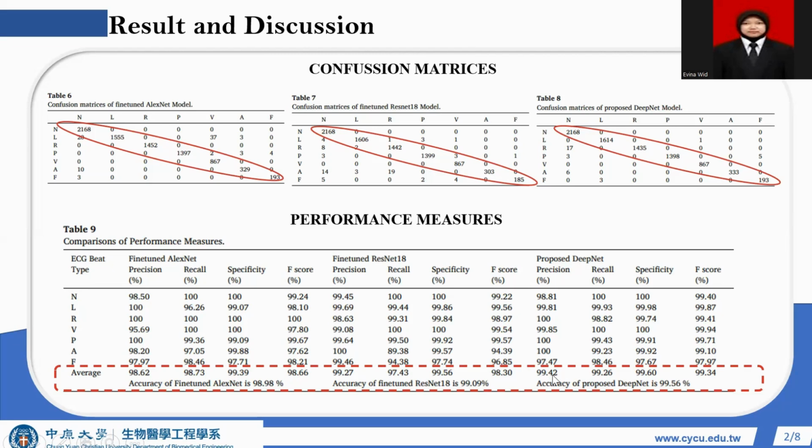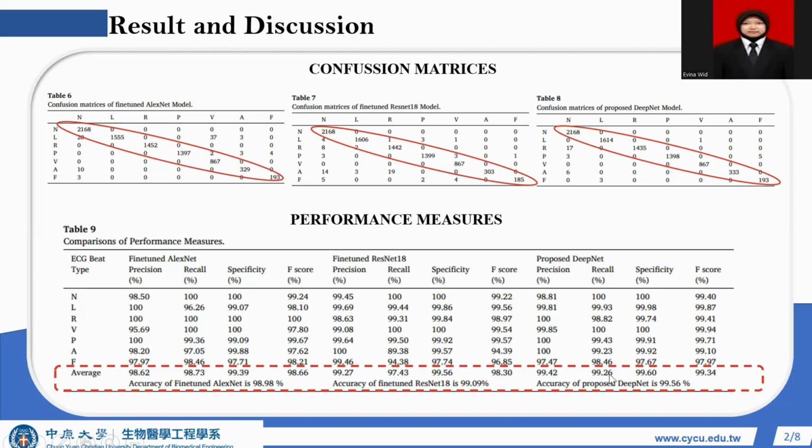If we see the precision, the DeepNet precision is 99.42, ResNet is just 99.27, and AlexNet is just 98.62. So the DeepNet precision is higher.